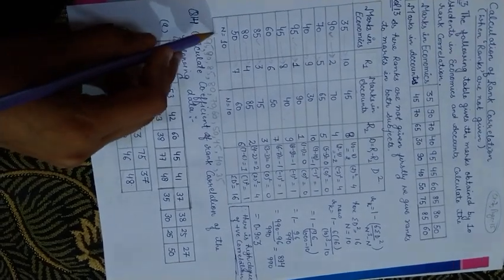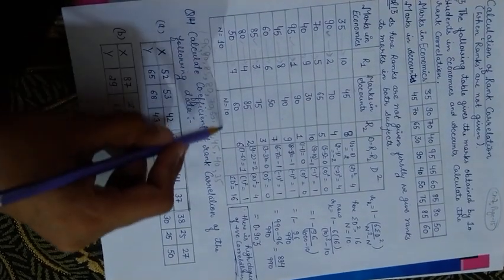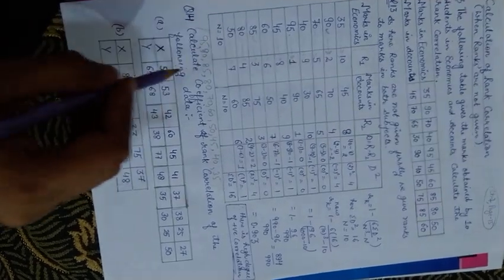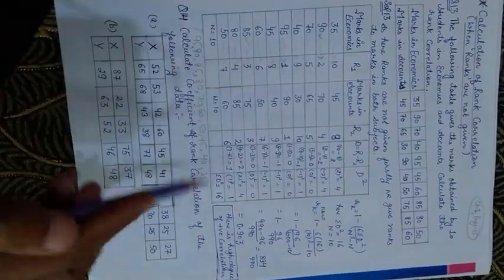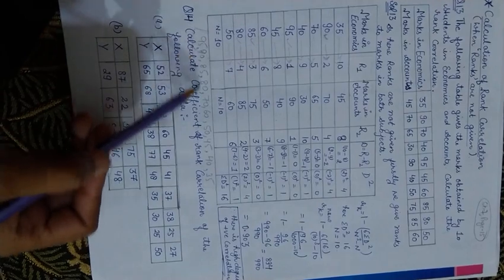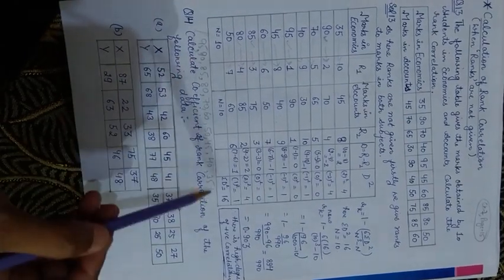So to make it very easy, you can arrange this in descending order somewhere in the rough corner, and then you can check that you have not written any value wrong.